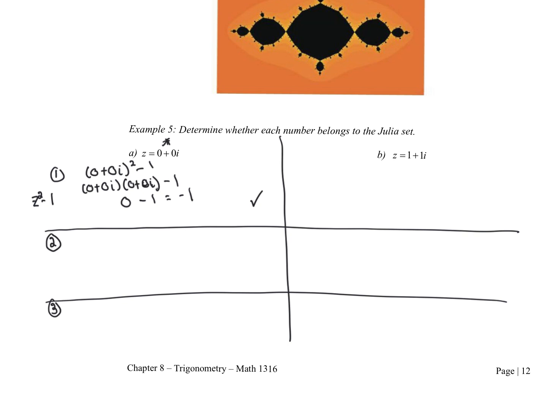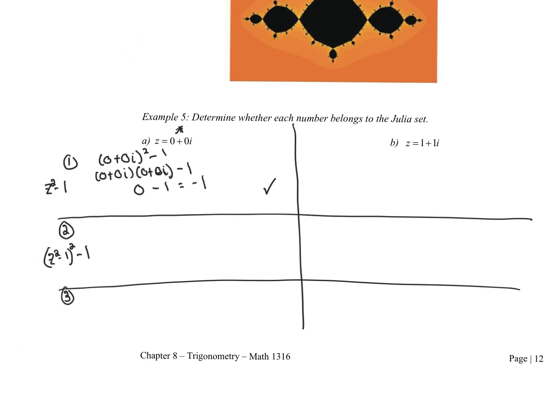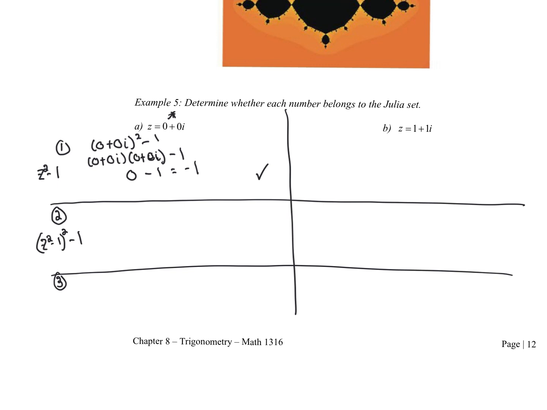The next number in the Julia set is called z squared minus 1 squared, and then minus 1, which is right here. This thing right here is where I'm getting that from. So when I go down here, first I'm going to do this thing right here, which is z squared minus 1.